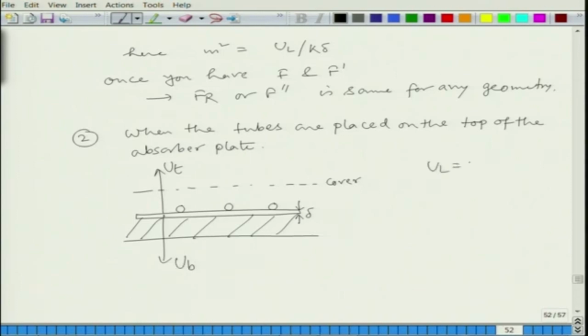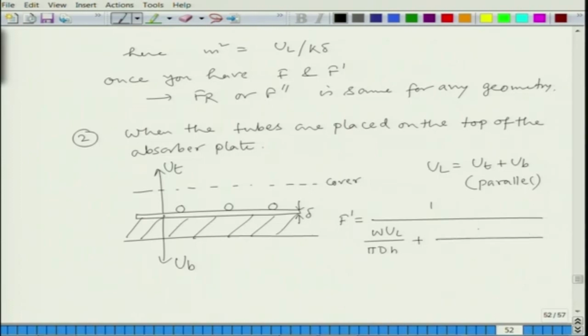Again this UL is nothing but UT plus UB, because you have parallel connection, right. And the expression that gets affected is F prime, the collector efficiency factor. And we are not going to derive it, but we are going to simply write it.